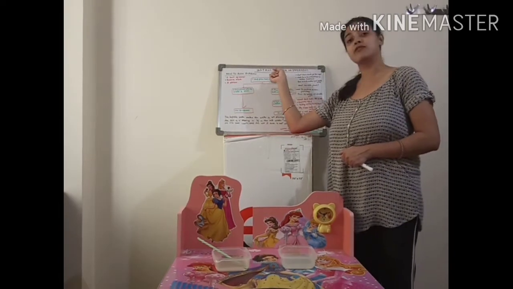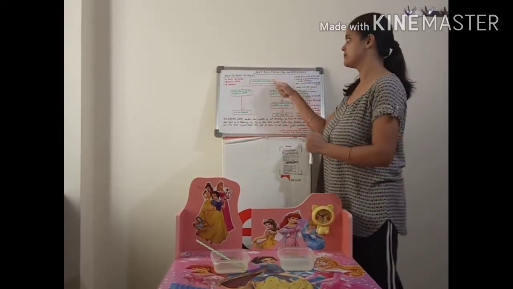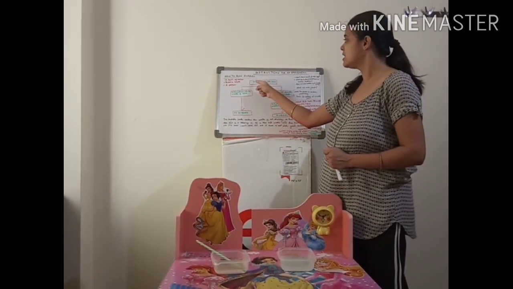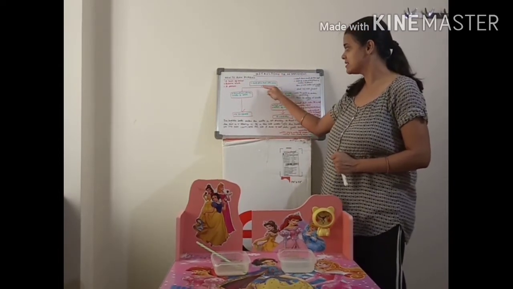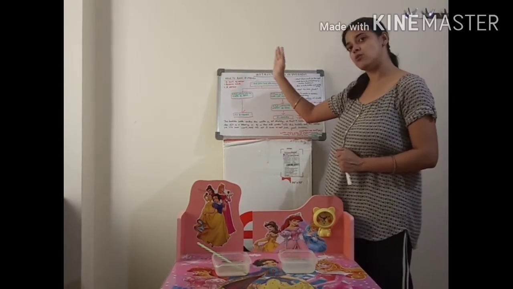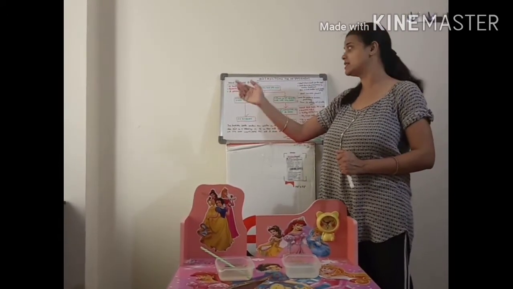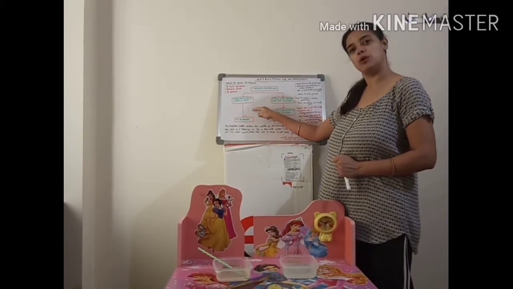Let's take a look at this flow chart. There are two ways of going about the experiment. The number one step is the same for both: half fill a bowl with water. Next, I go into one part of the first way of doing the experiment. Number two, put a straw into the water and blow.